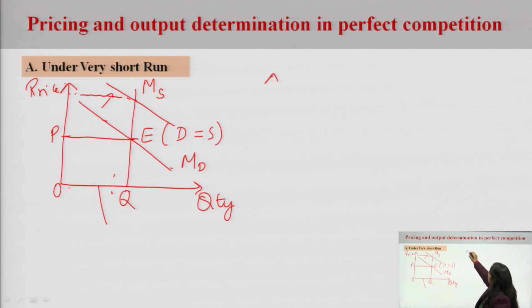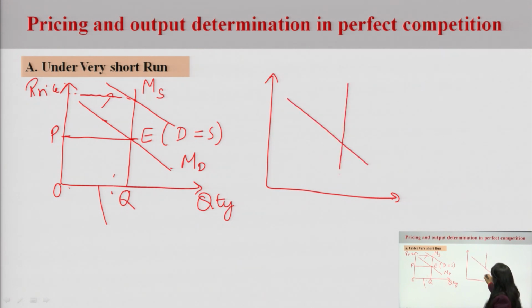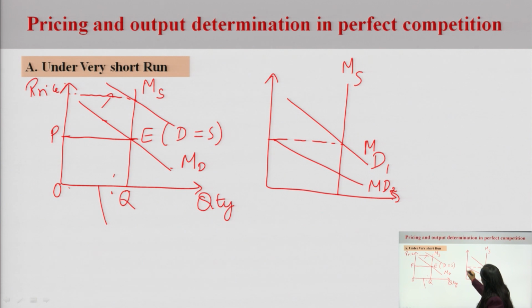Let us assume that the demand falls for today. So, this was the earlier demand D1, this was the market supply, and suppose demand falls down. Now the market demand becomes MD2. So, earlier the price was OP1 and now the price becomes OP2.